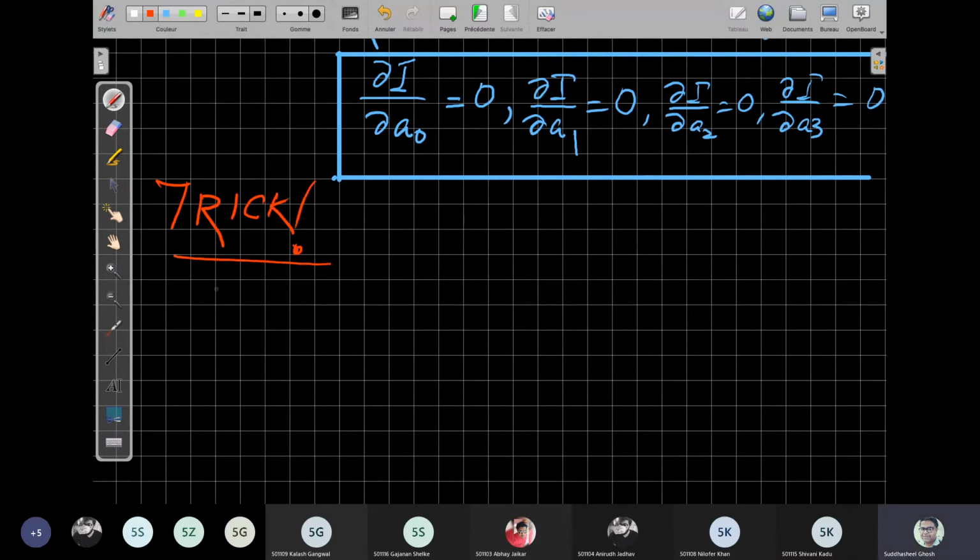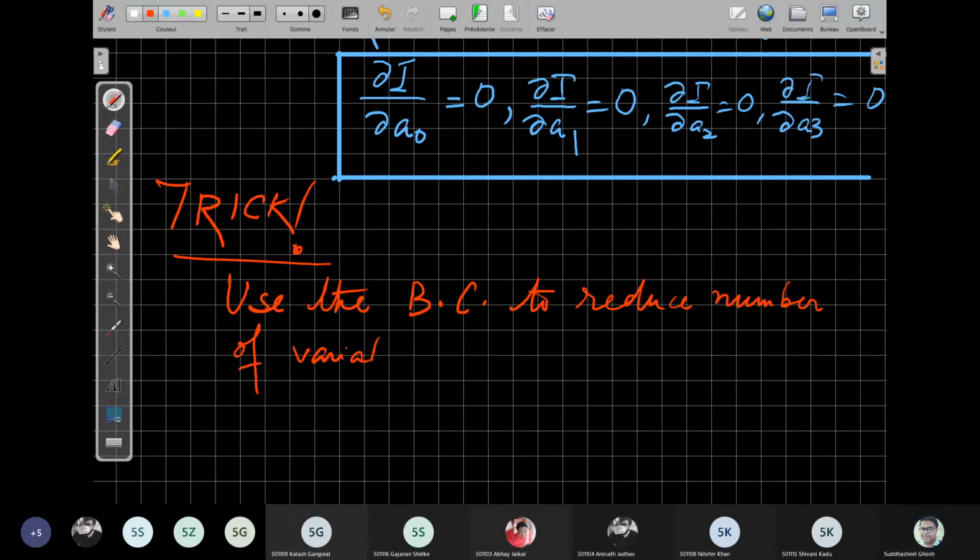Use the boundary conditions to reduce the number of variables.